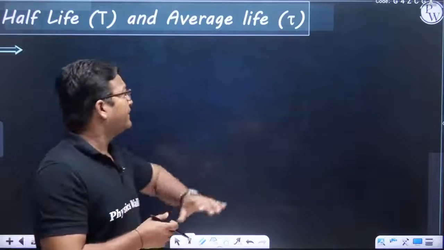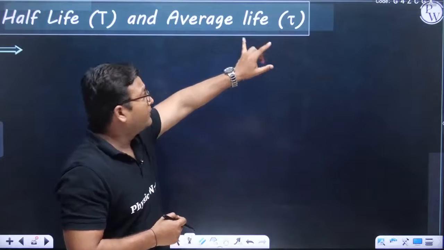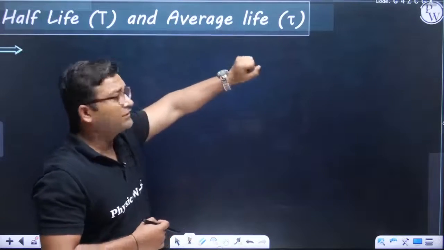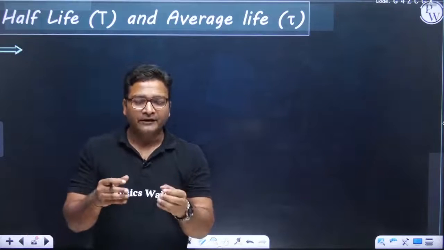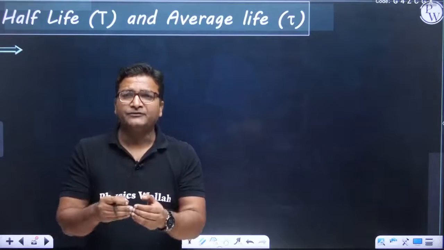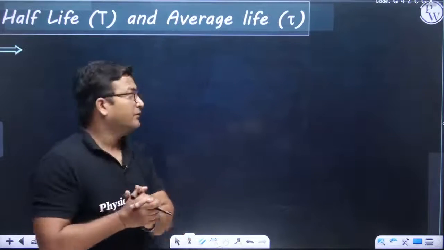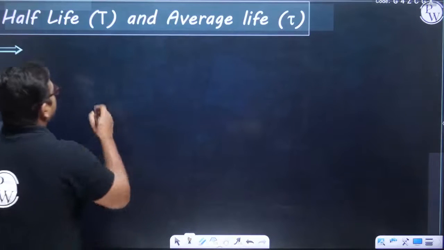In one time constant, or in one average life, the amount of substance remaining is only 1 upon e times the initial amount.